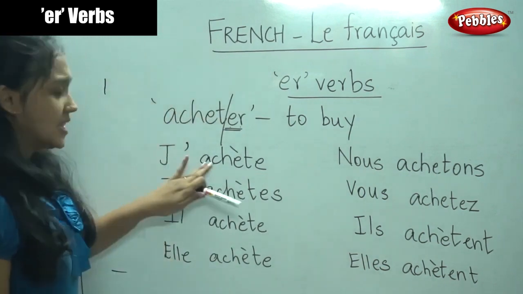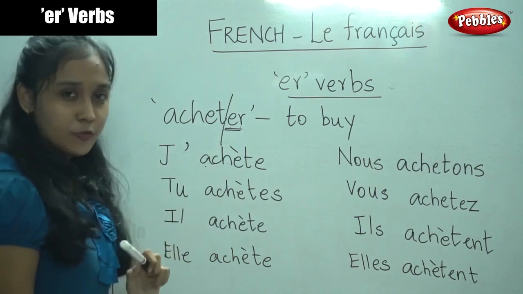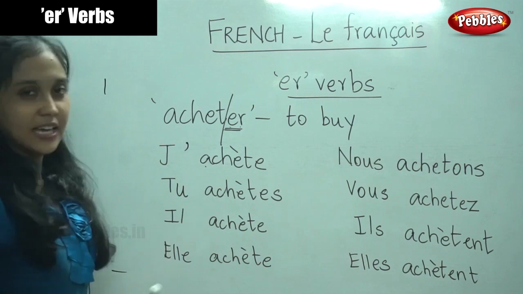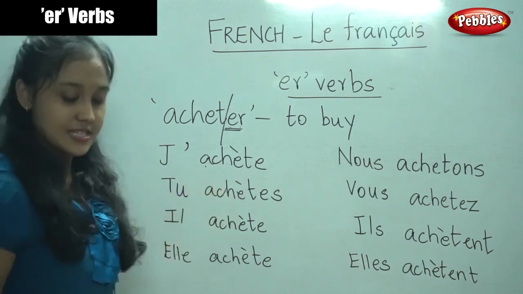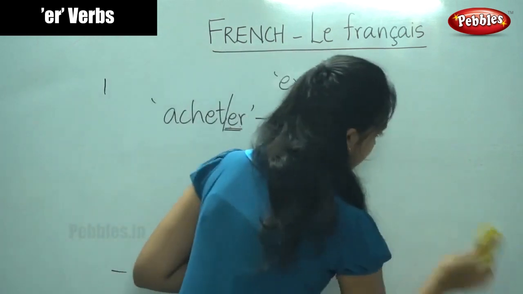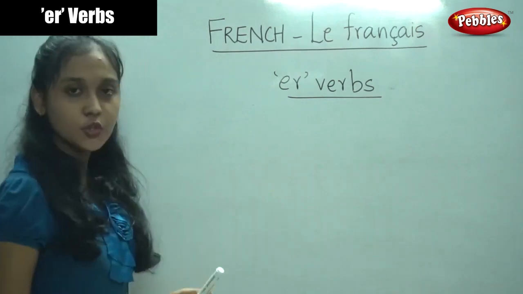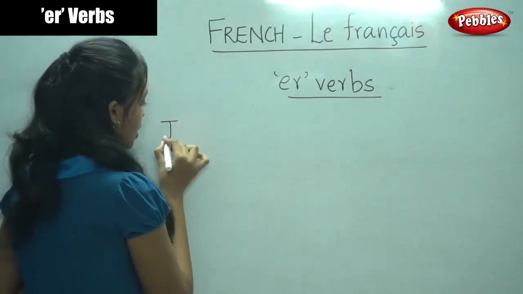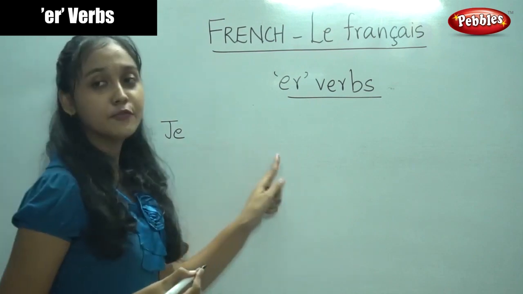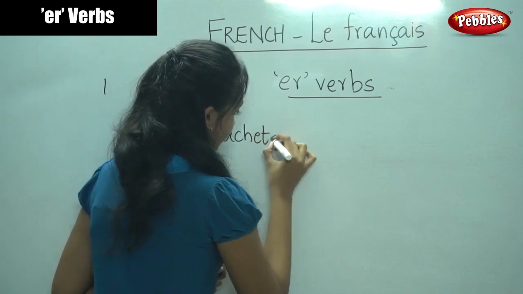Now, using the subject pronoun and the verb, you might be able to form very small sentences. For example, how would you say, I buy a dress? So, you know what you say for I. It is je. What is the verb, the infinitive form for buy? It is acheter.